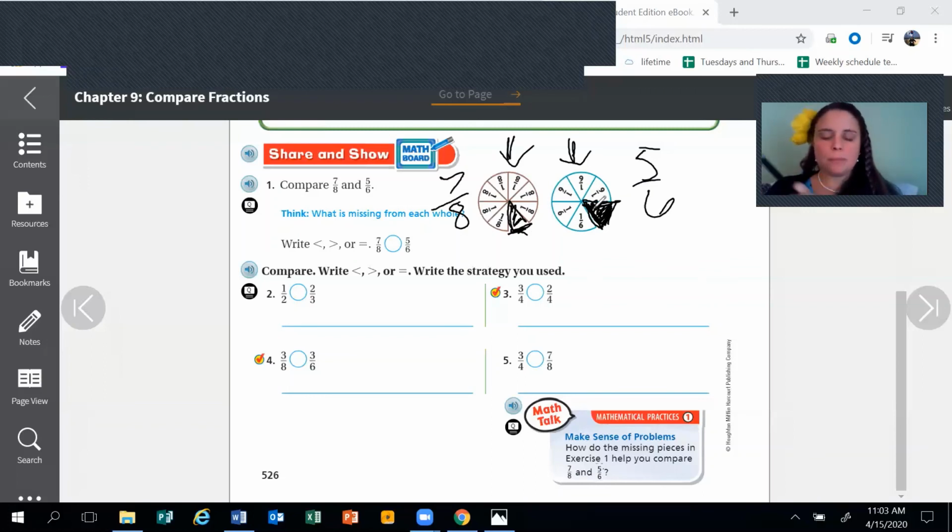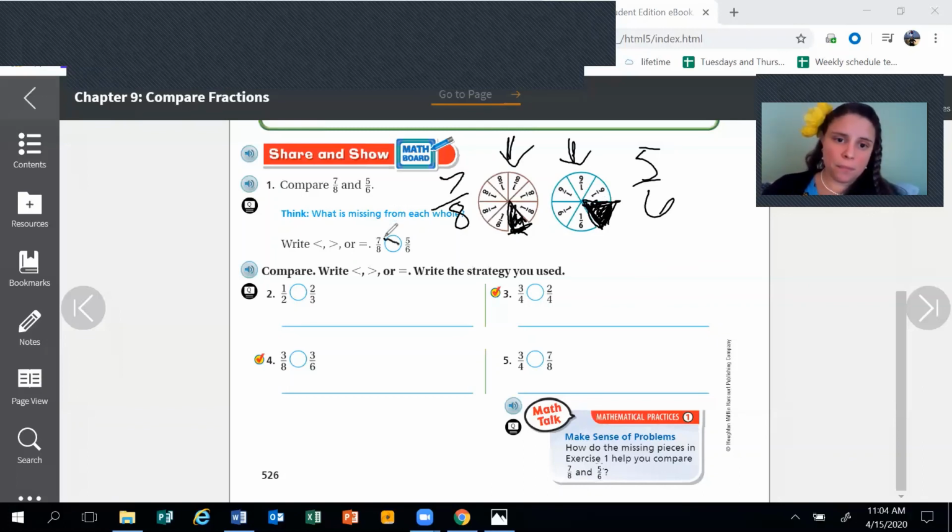Smaller. Think about it. When you eat pizza, if you take a bigger slice, you have less left over. If you take a small slice, you have more left over for later. So in this method, we can figure out which fraction is bigger by which one has the smaller piece that's been taken out. So 1/8, this piece is smaller. So the rest that's left over is going to be more.